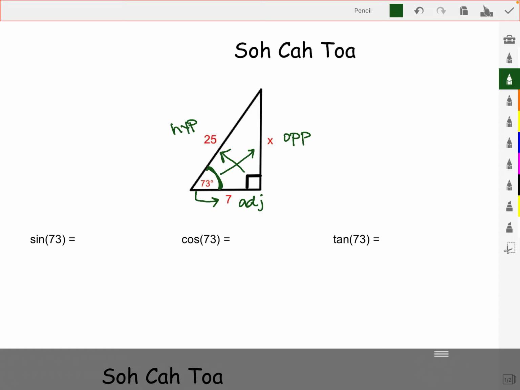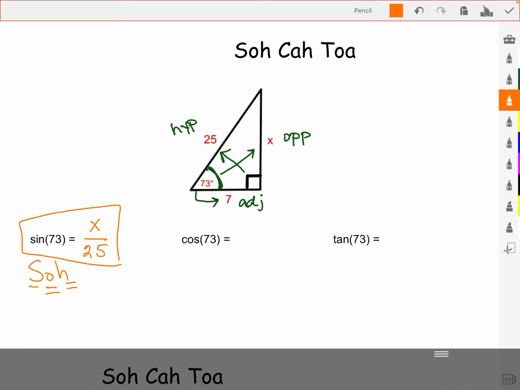So this opposite, adjacent, hypotenuse are what I'm going to use for my ratios. Sine is SOH, so it is opposite over hypotenuse. From 73, the side opposite is X, and the hypotenuse is 25. So that's how I would set up the ratio for sine for this triangle.